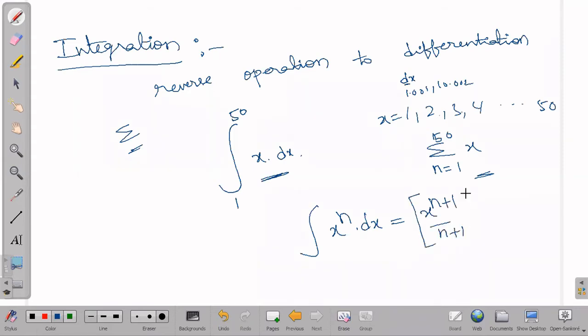If you want more information, you have a video on my channel, you can go through it directly and get clear information. If you have limits, like 1 and 50, we apply limits: first substitute the upper limit, minus the lower limit substituted. When we do problems, we will understand. If we don't have limits, we directly write this formula.